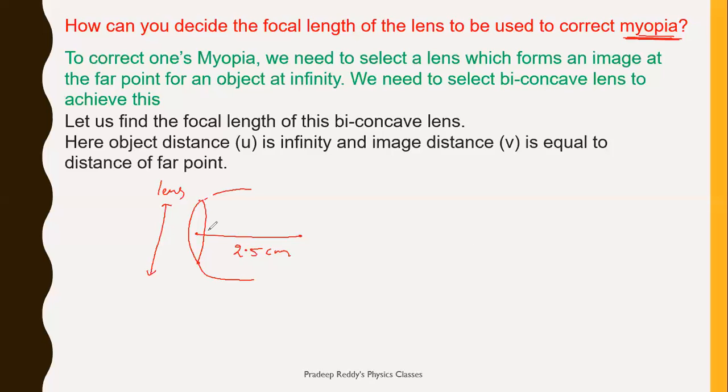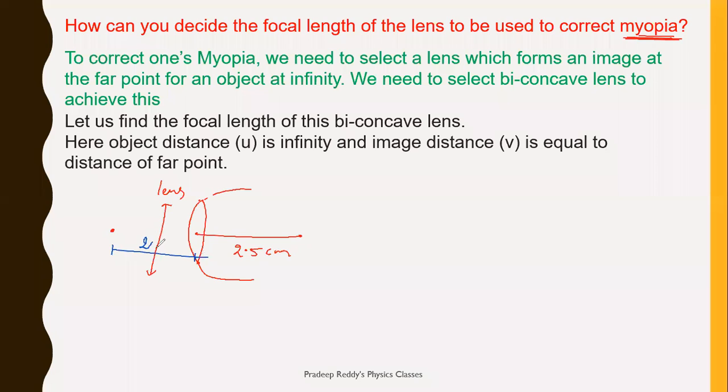As we know, in case of myopia, you cannot see distances which are farther. This is the least distance of distinct vision, 25 centimeter, which is known to you.